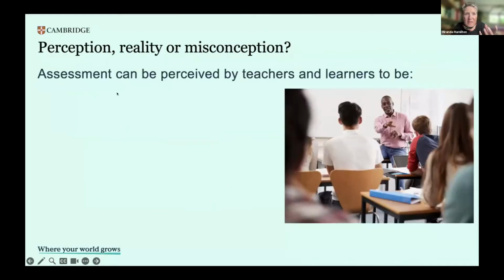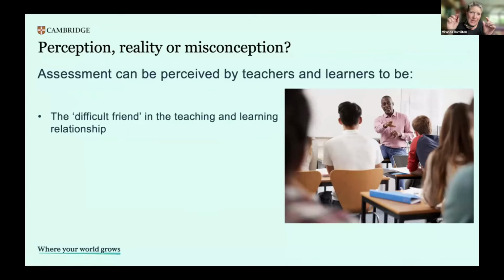So what do we feel about this? What do we think? So what we could see is the sense that assessment can be perceived by teachers and learners to be something of the more difficult friend in the teaching and learning relationship, the outsider. The third wheel is an expression we use often in English as well. So a little bit awkward.